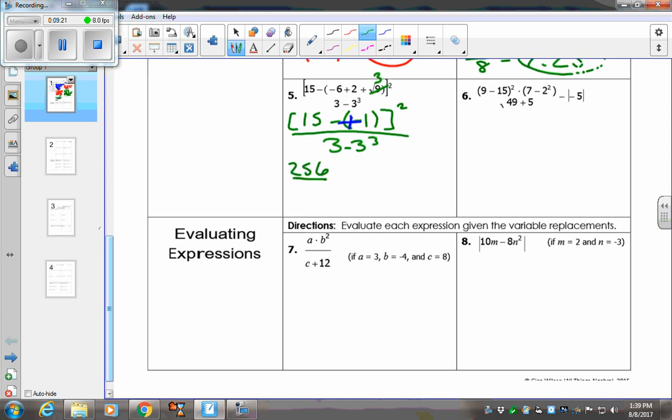Divided by, what is 3 cubed? Remember, 3 cubed means 3 times 3 times 3. 27. So I got 3 minus 27. What is 3 minus 27? -24. Does that reduce? What does it reduce to?